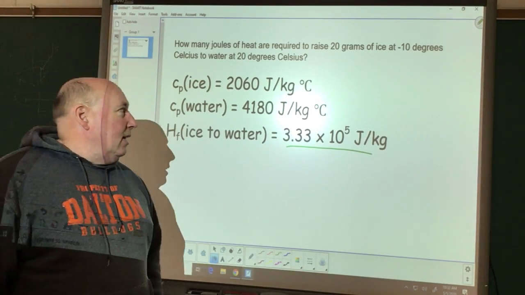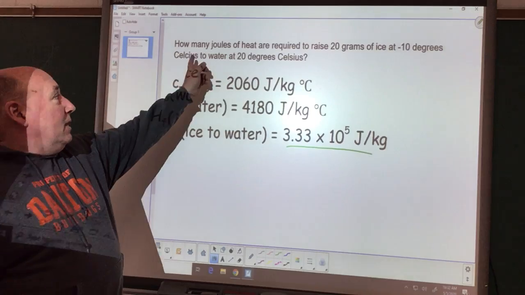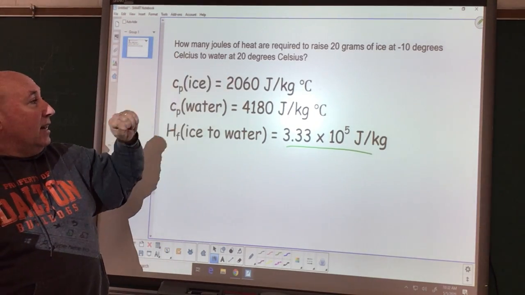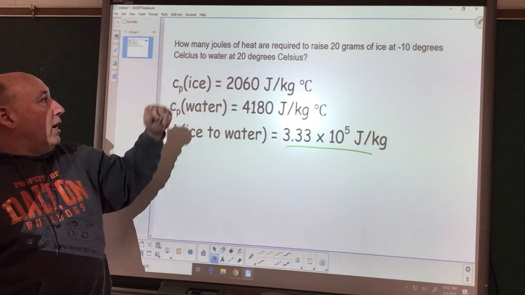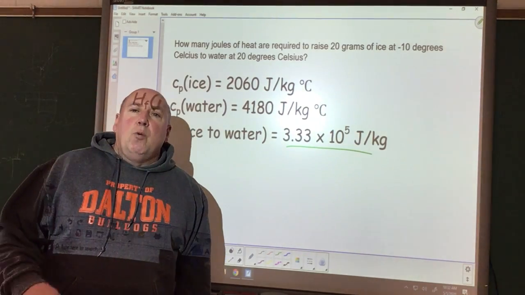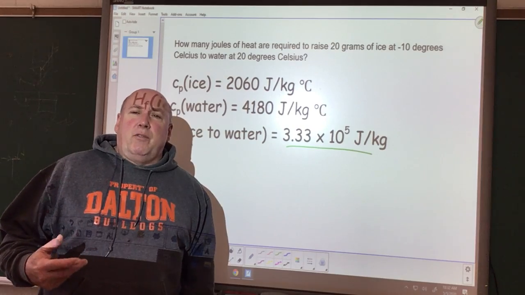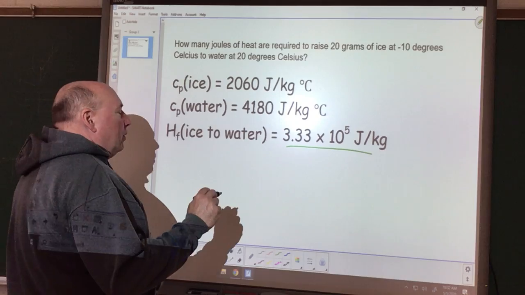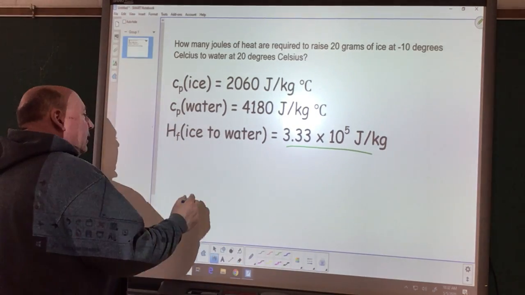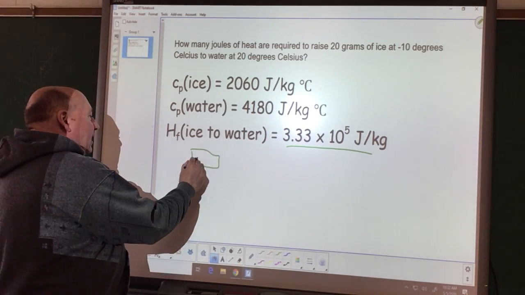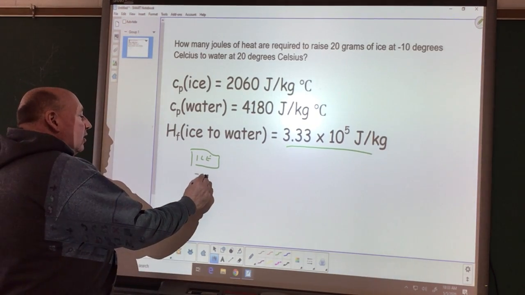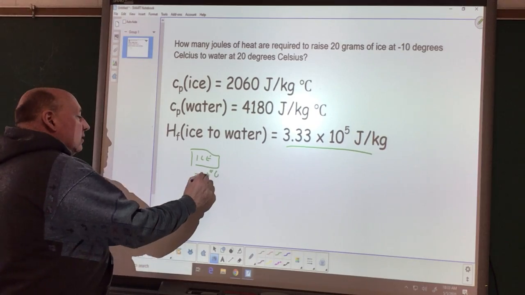Slight mistake. But what we have here is: how many joules of heat are required to raise 20 grams of ice at negative 10 degrees Celsius to water at 20 degrees Celsius? We want to know how many joules of heat are required to do that. So what happens as we go along is we start as ice at negative 10 degrees Celsius.